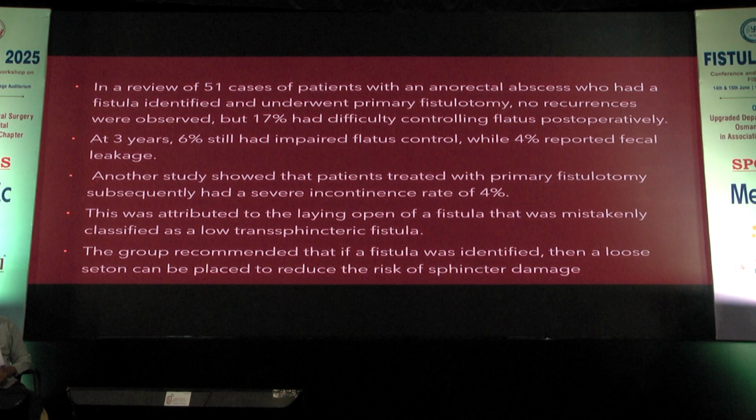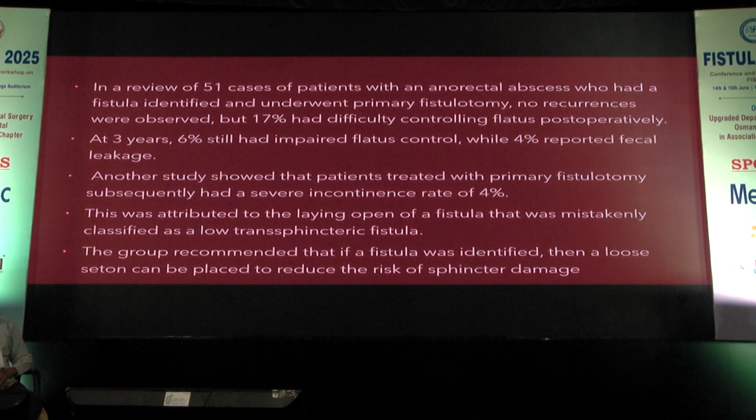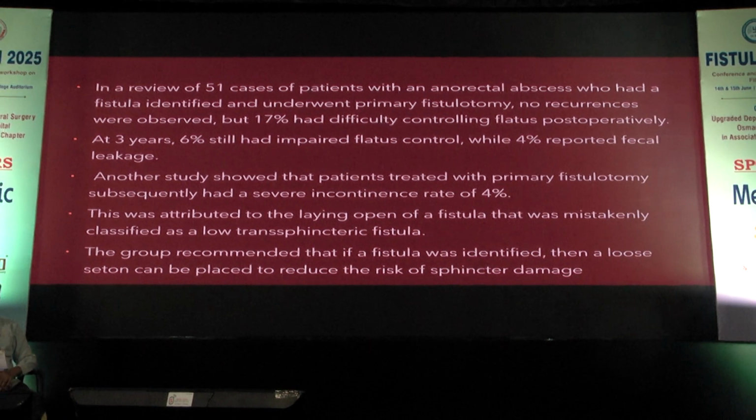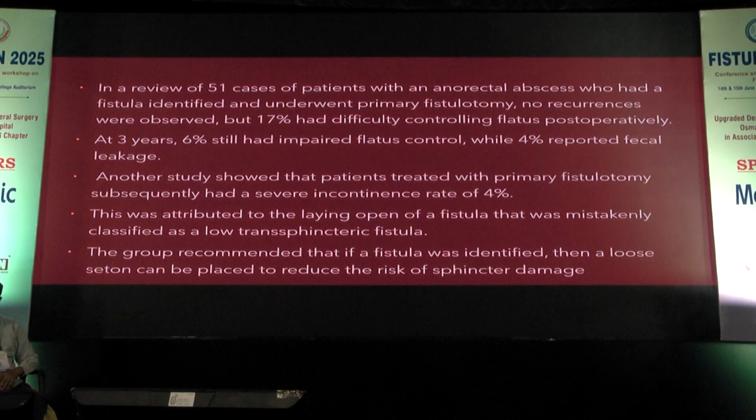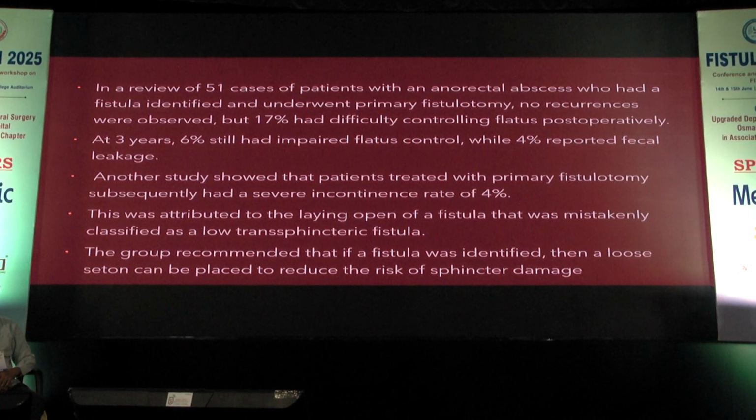If you drain without diagnosing the fistulous tract properly, and then try to take out the tract or open the fistula, you will be causing more damage. So you need to plan it in a proper way.